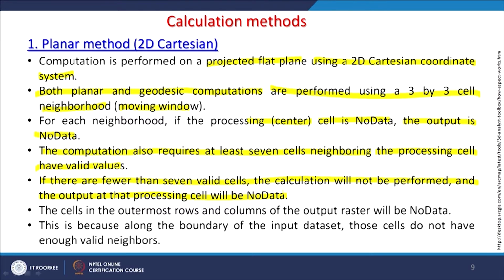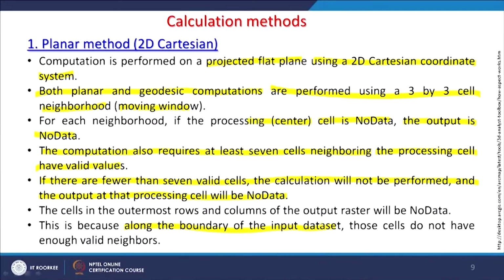And then cells in the outermost rows and columns, which I have repeatedly mentioned, will have no data, because beyond that you do not have the input. So, this condition of a requirement of 7 cells cannot be fulfilled for border cells, and therefore, the border cells, one cell thick in both rows and columns, will have no data.